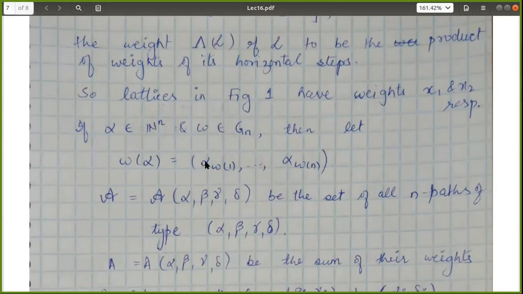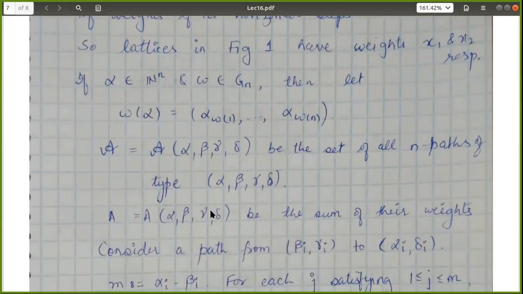So alpha 1 is now changed to alpha of omega 1 and so on. So omega of alpha is this new n-tuple.